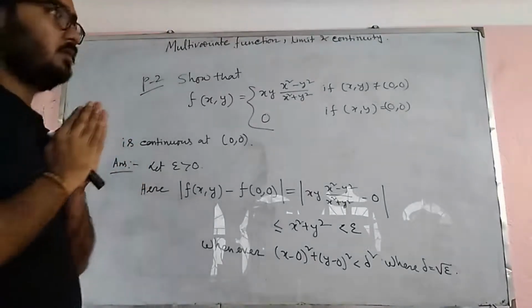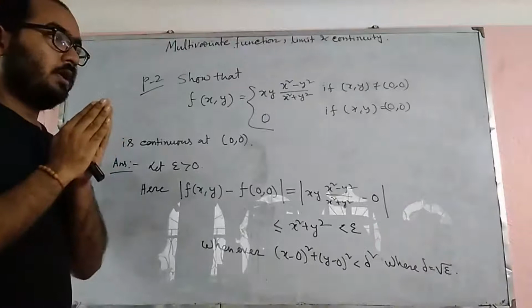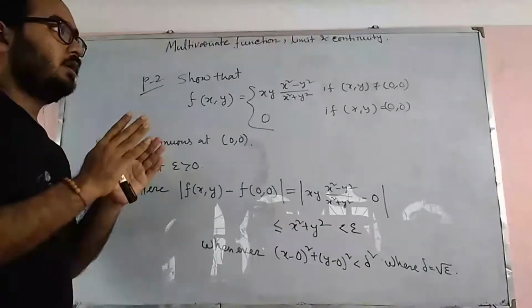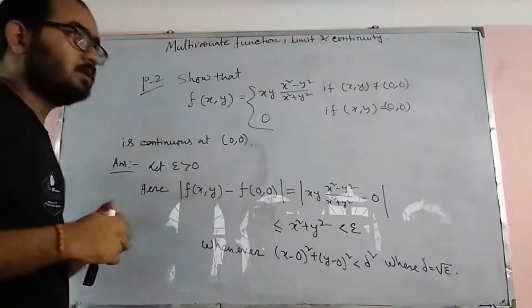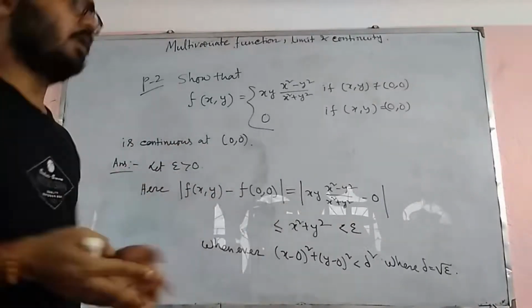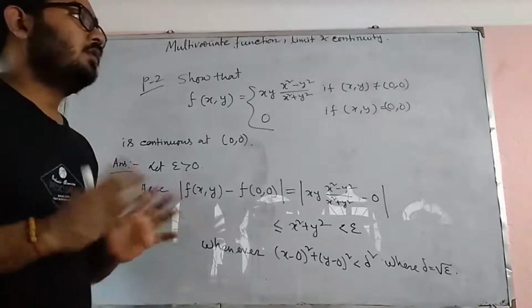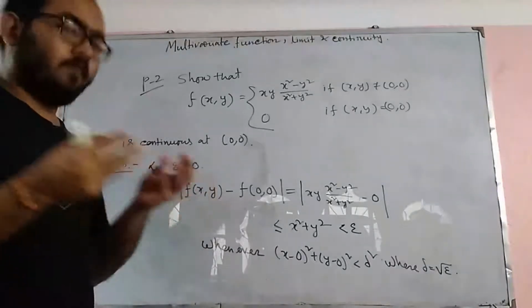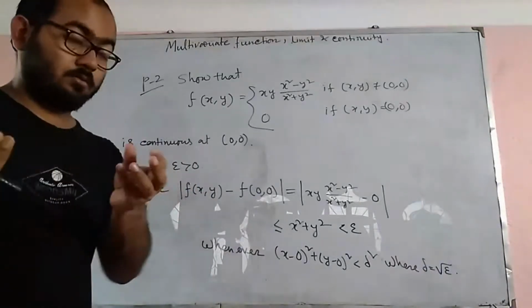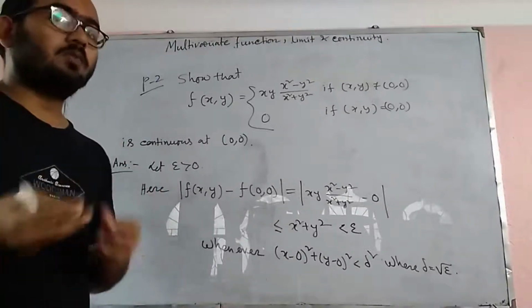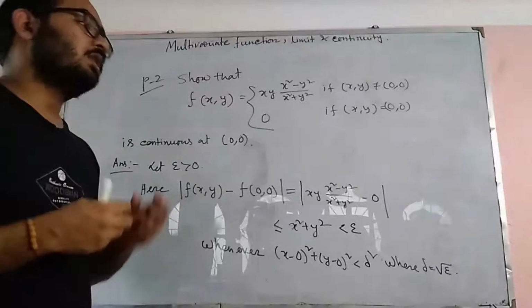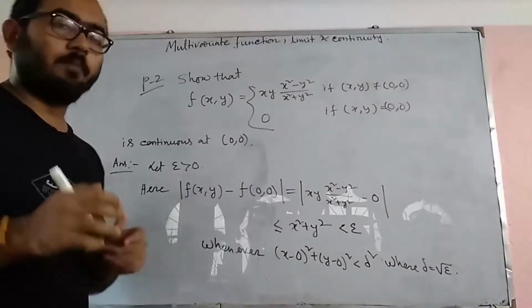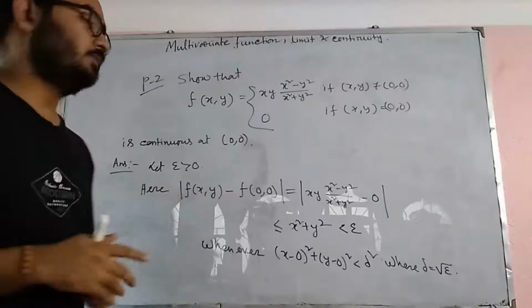See, in limit, when we are checking the limit of a function at some point, the point at which we estimate the limit may or may not be in the domain. That is not our concern.